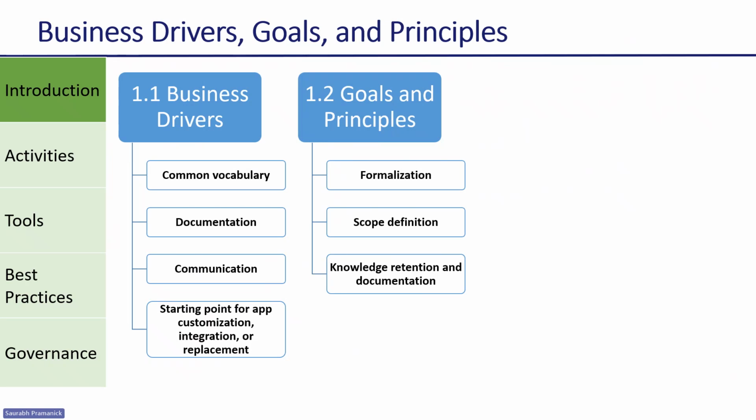Now, based on that, you will see that there are different perspectives associated with data modeling with respect to the goals and principles. First is formalization. When we define the data model, one important component is documentation, the definition of the data structures and relationships.